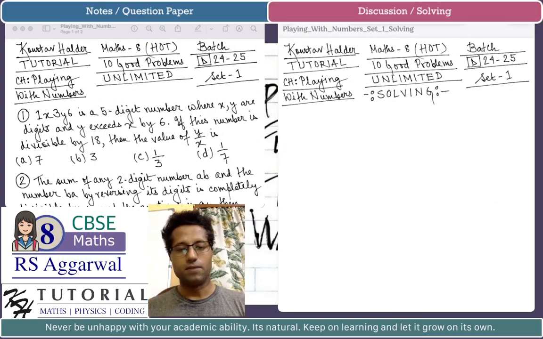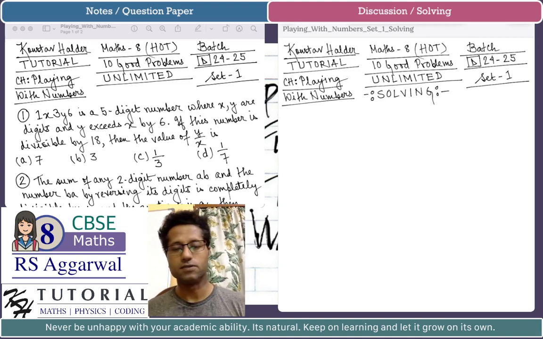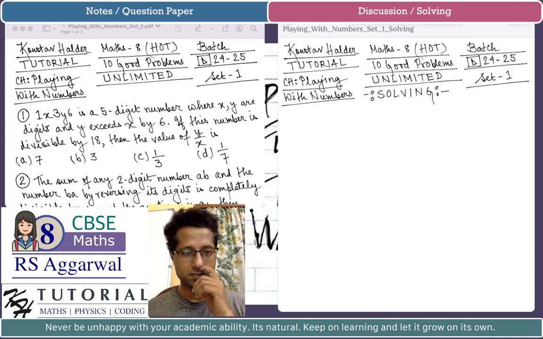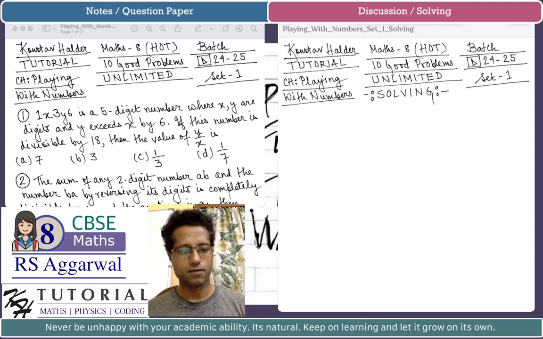Okay, so I have my 10 good problems set on the left hand side, and on the right hand side I will solve the problems. I hope you can properly see the question paper problems. The fonts are big enough that you can read them properly.